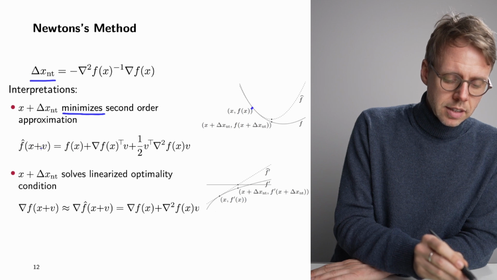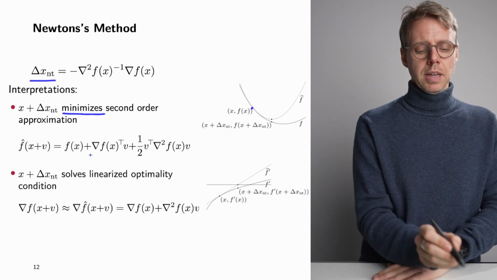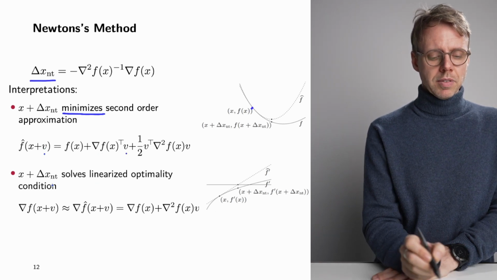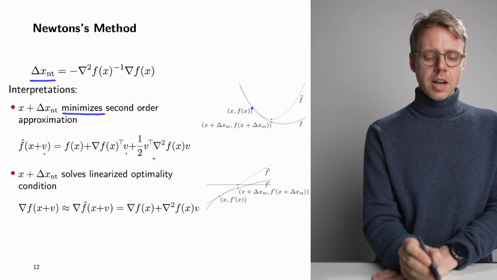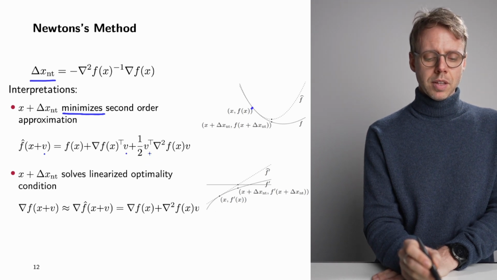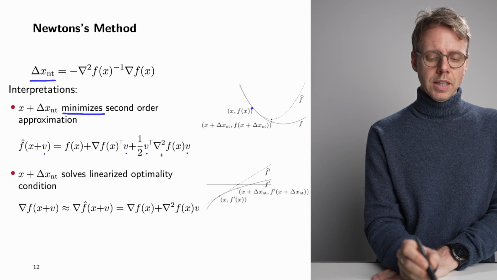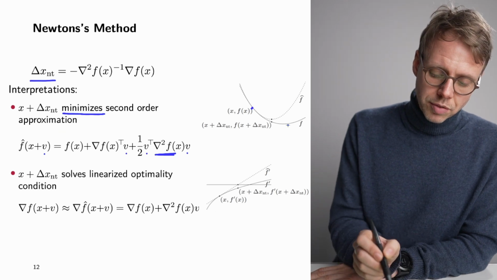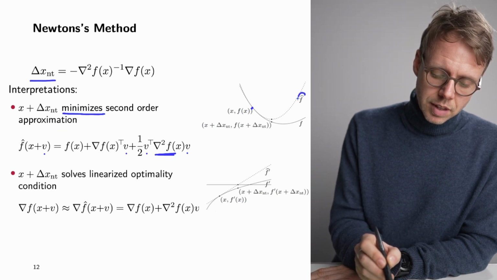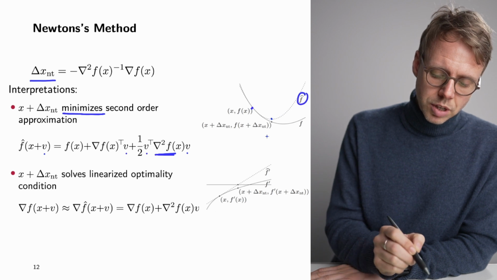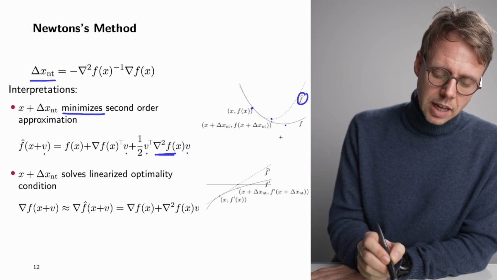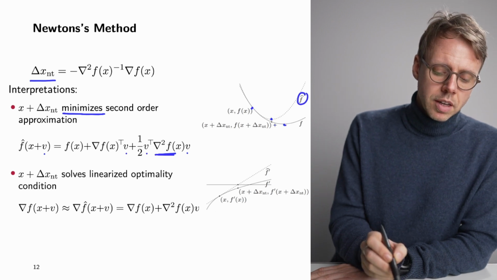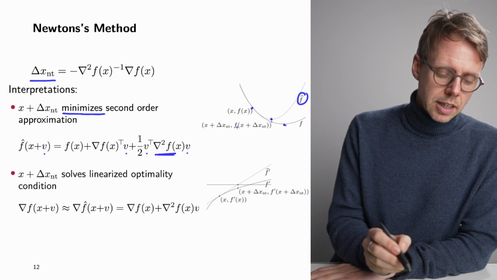So f of x plus v becomes approximated by f of x plus the gradient times our displacement vector v plus 1/2 times the squared form of v in the Hessian matrix. Now you have replaced f by f hat, and instead of minimizing f, which is not easily possible, you're now performing minimization of the Taylor expansion.